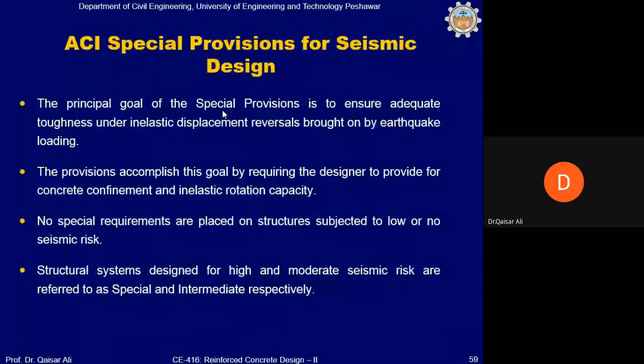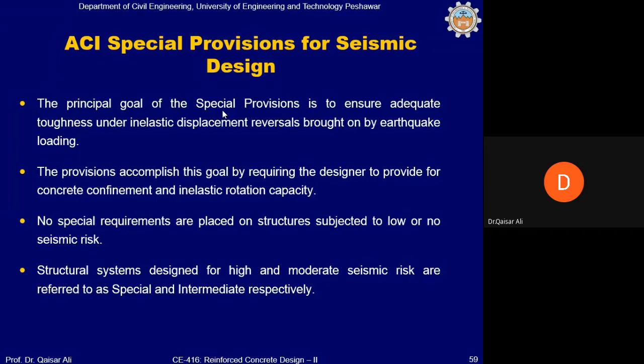This R factor varies from 3.5 to 8.5, and 8.5 is the highest value for R in the table. With an increase in the value of R, the base shear V will decrease because R is in the denominator. So if you use a higher value of R, base shear will decrease.